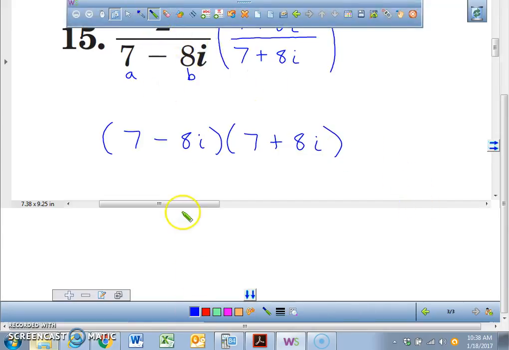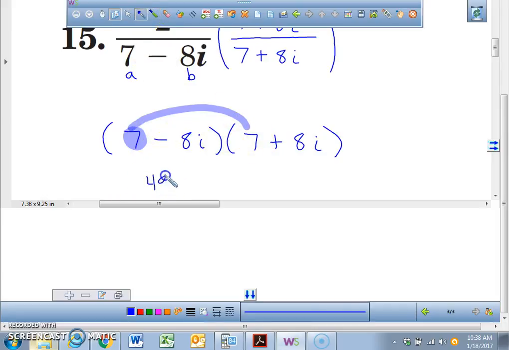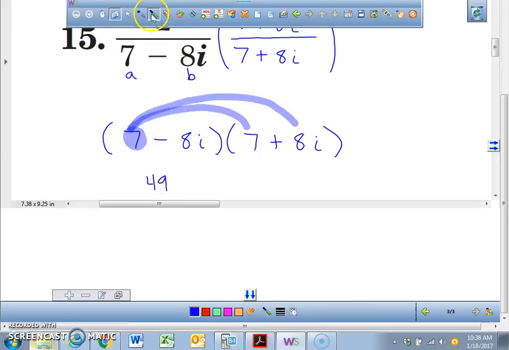Yes, we are going to do the FOIL method. 7 times 7 gives us 49. 7 times a positive 8i becomes a positive 56i.